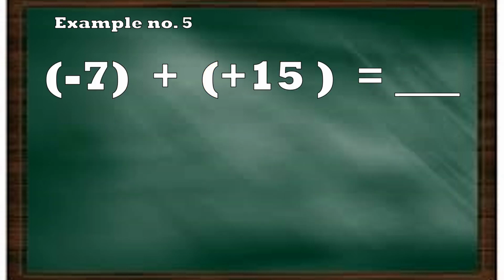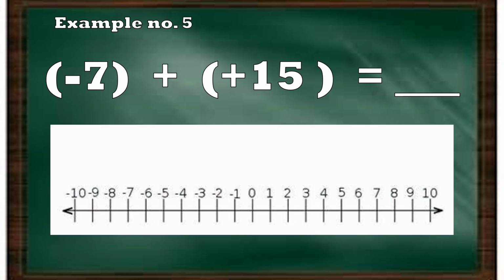Let us have the last example. Example number 5. Negative 7 plus positive 15. Again, draw a number line. Next step, locate negative 7 on the number line.